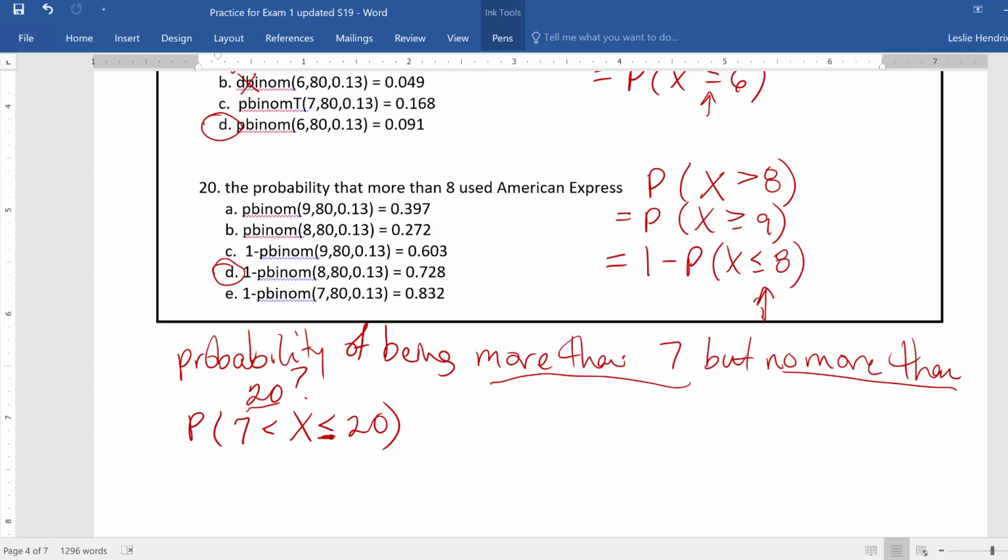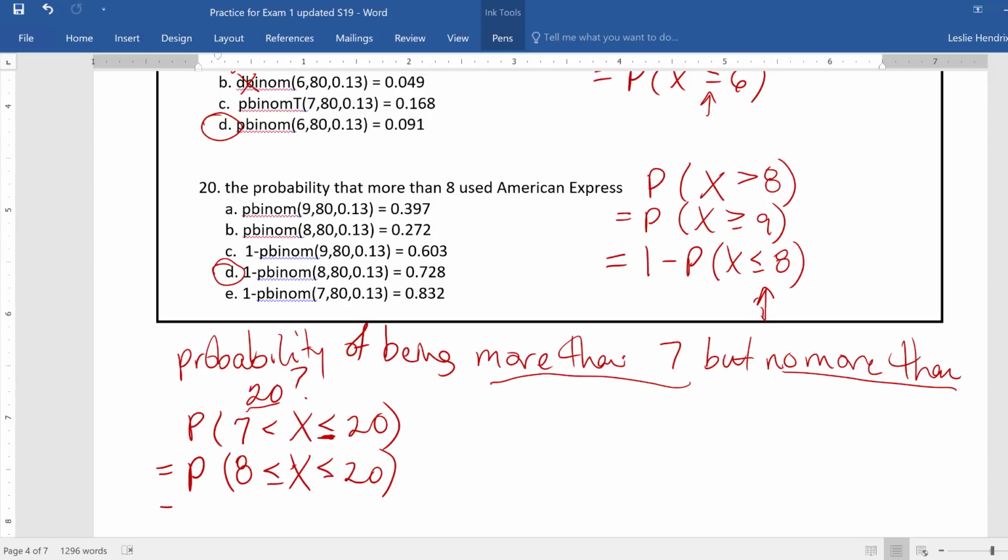The next thing I recommend doing is making sure that both of them are written in terms of an or equal to. So if you're more than 7, you're more than or equal to 8. So now I've changed both of those endpoints into an or equal to probability.